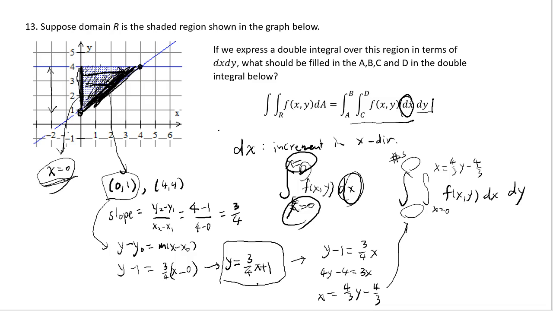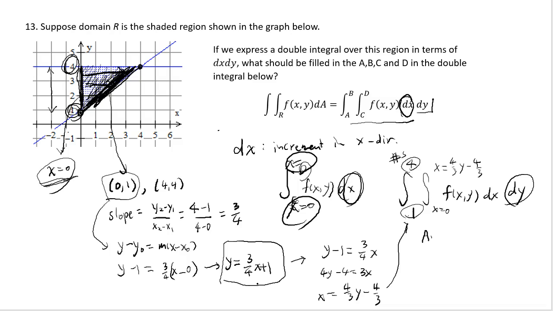So never do that. These two should always be numbers. What you want to put is the minimum and maximum value of y, because you have dy here. If you look at this domain, the minimum value is 1 and the maximum value is 4. So you should put 1 and 4.